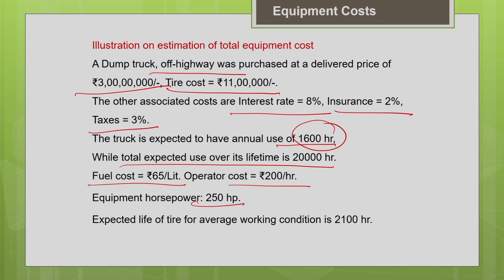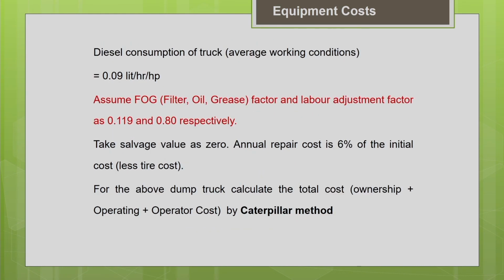And the expected life of the tire is given to you directly. You can take it from the handbook according to your requirement, but I have given you an approximate number for average working condition, 2100 hours for this particular tire. Then the diesel consumption of the truck for average working condition is 0.09 liters per hour per horsepower.